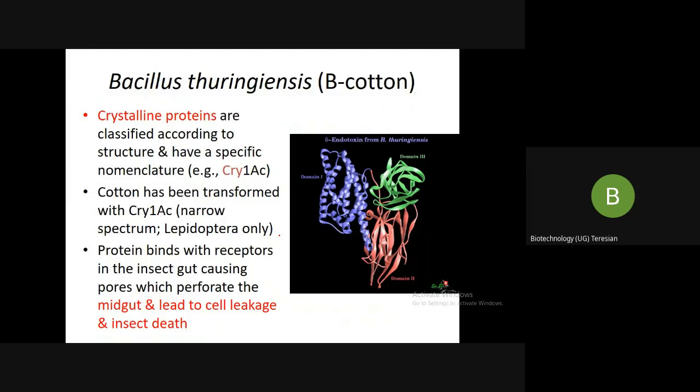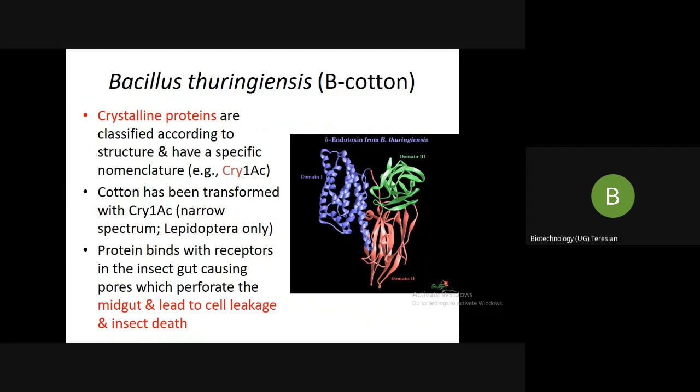So the BT toxin was isolated from Bacillus thuringiensis. BT stands for Bacillus thuringiensis. So they isolated this toxin from the Bacillus thuringiensis to see whether it could induce some resistance in the cotton plant against the lepidopteran.